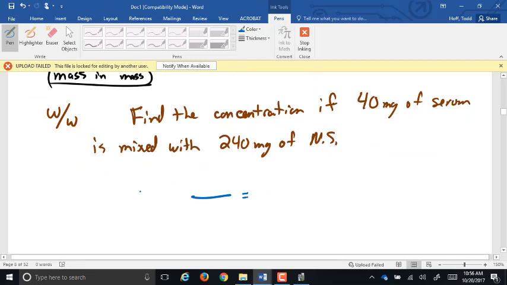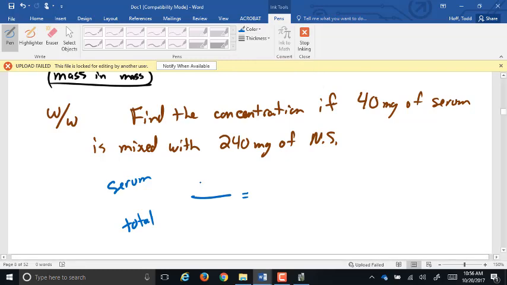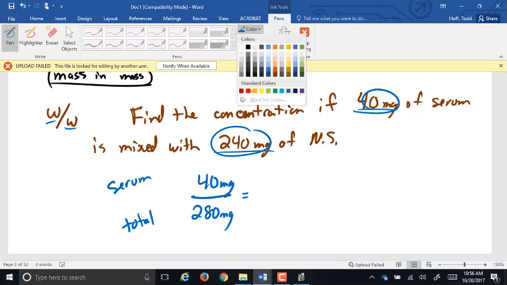Well, in my ratio, it's still going to be serum to what? Total. Very good. It's always serum to total. How much serum do I have? 40. Now, I am not told the total, but I do have the serum and the saline. Am I allowed to add those? Yes, because it is mass or weight, I am allowed to add them. So 40 plus 240 is 280 milligrams.